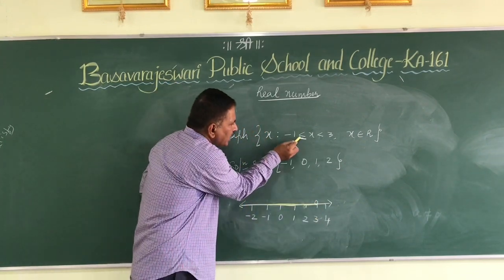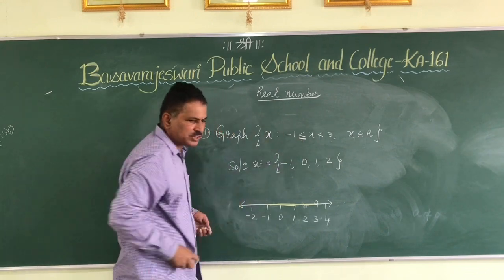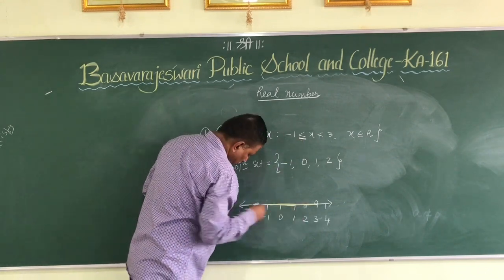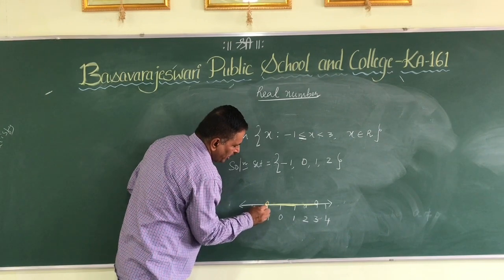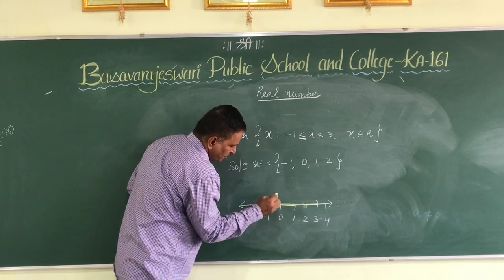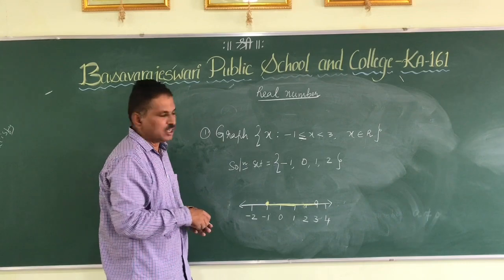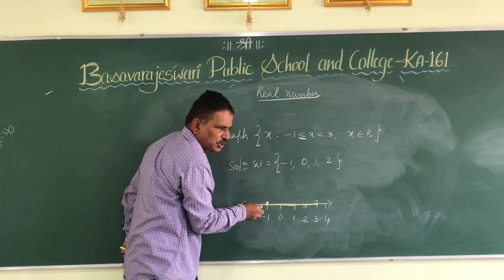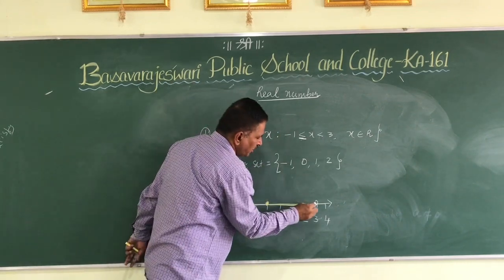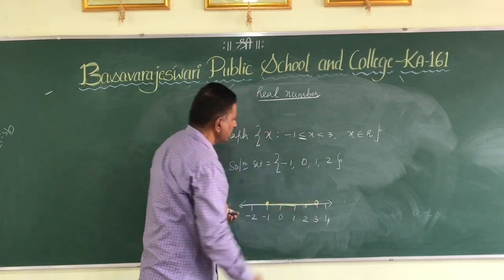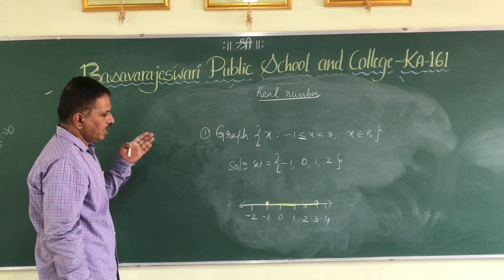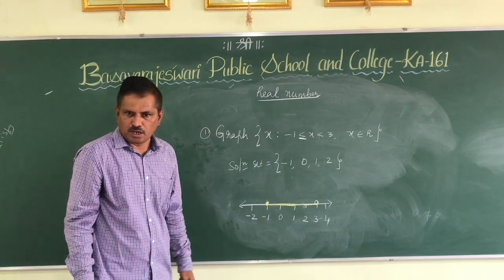Here the lesser than equal sign is given, the equal sign is given, hence you have to put the solid circle. When the equal sign is given, you have to put the solid circle. When it is not given, you have to put the halo circle. This is how we can represent the real number on the number line.